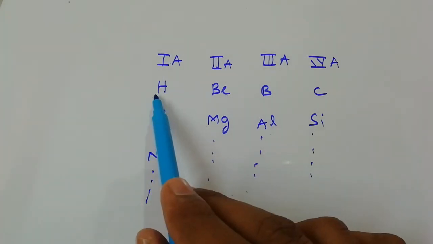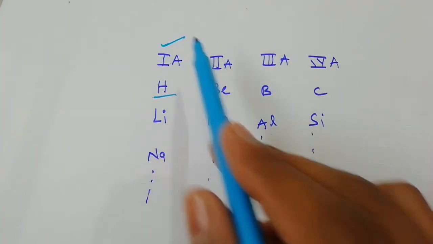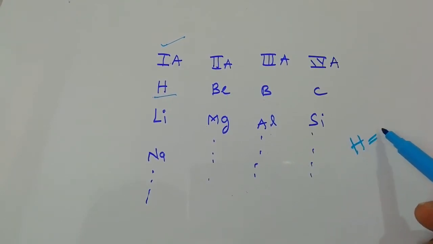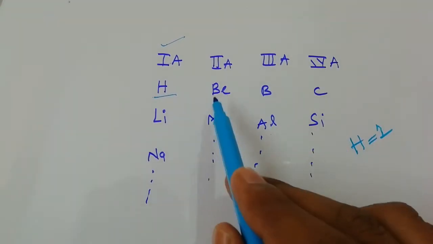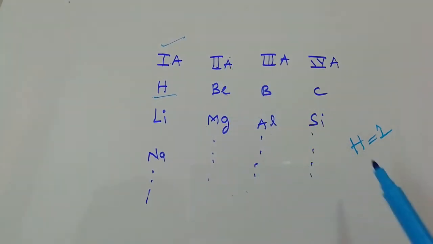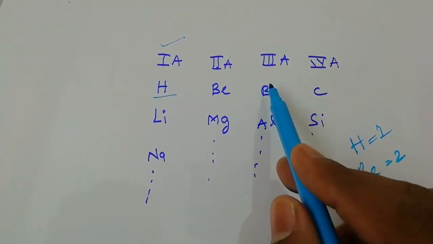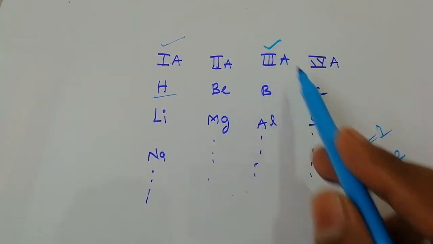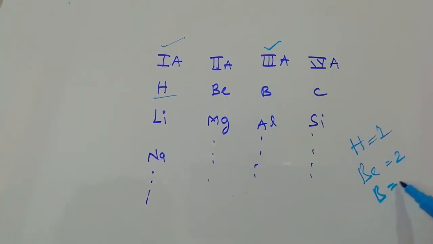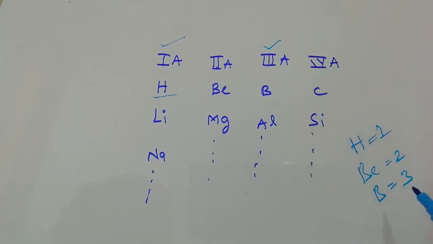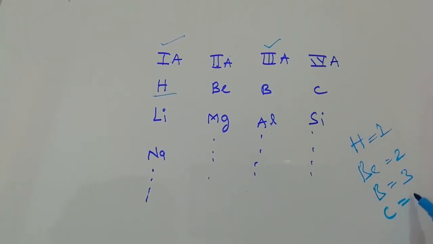For example, hydrogen belongs to first A group elements, so hydrogen valency is what? 1. Beryllium belongs to second A group, so beryllium valency is what? 2. Boron belongs to third group, so boron valency is what? 3. Similarly, carbon belongs to fourth A group element, so carbon valency is 4.